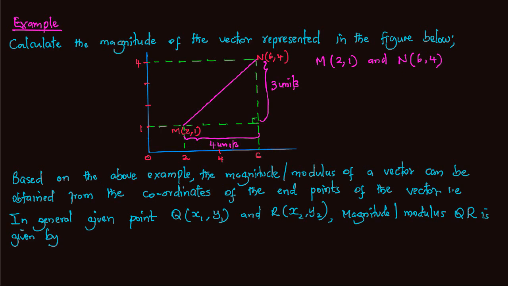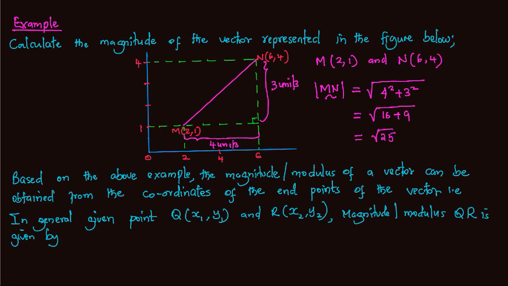Using this, we get that the modulus of MN is equal to the square root of 4 squared plus 3 squared, which is equal to the square root of 16 plus 9, and that gives us the square root of 25.